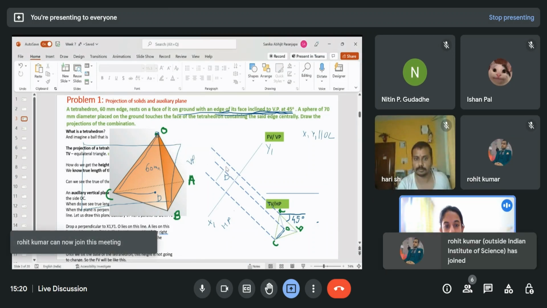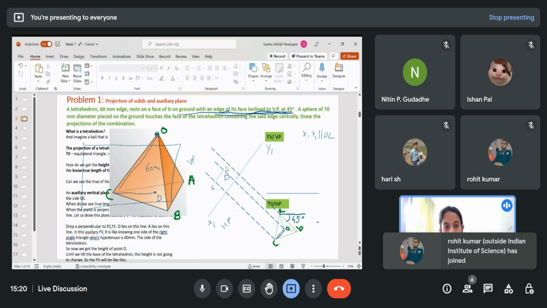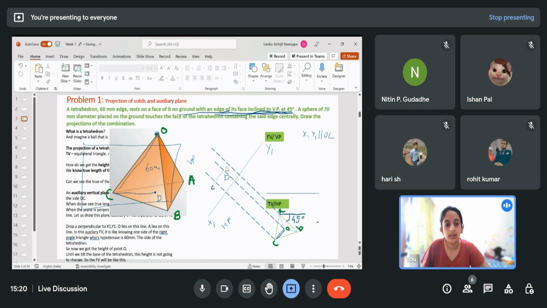So this is my point C, and this is my point D. So I have drawn this line CD. This is the projection of OC actually.